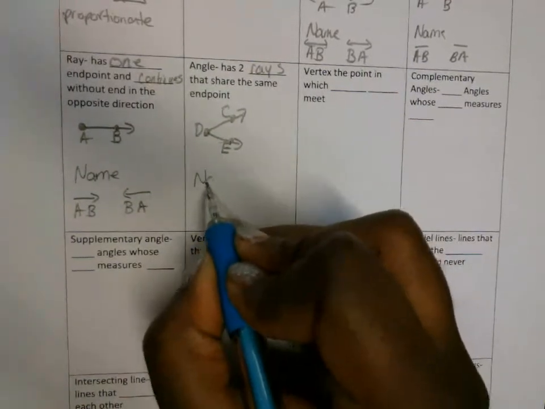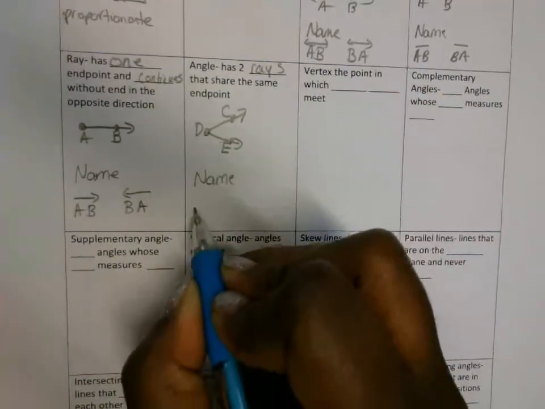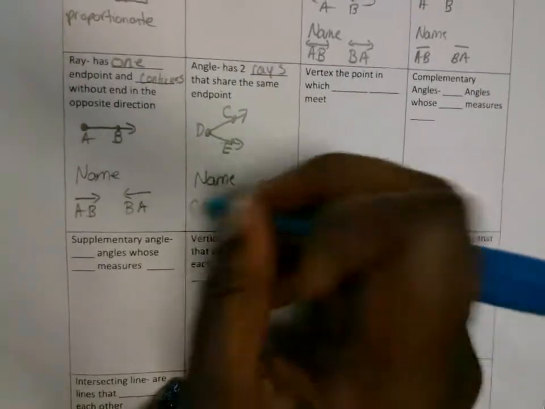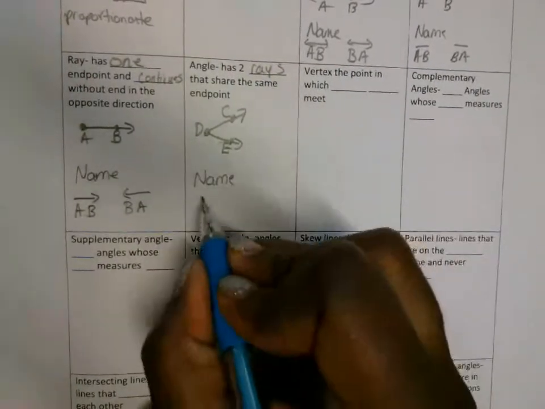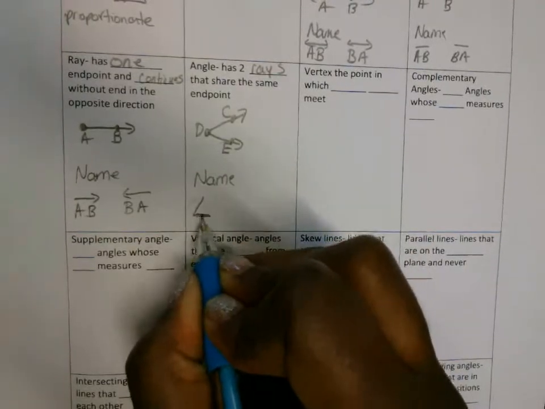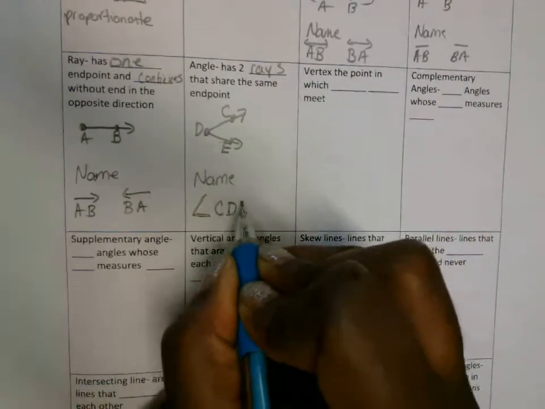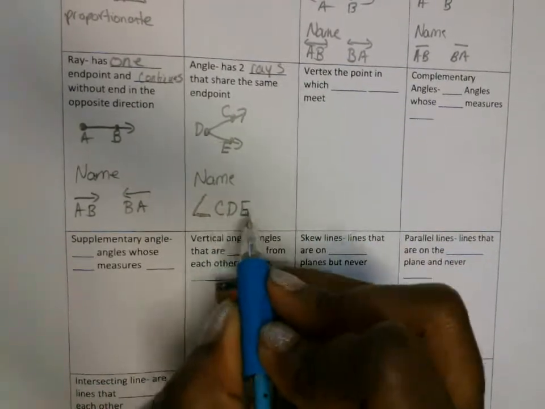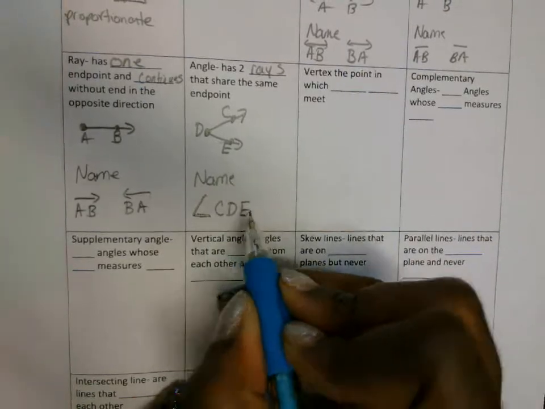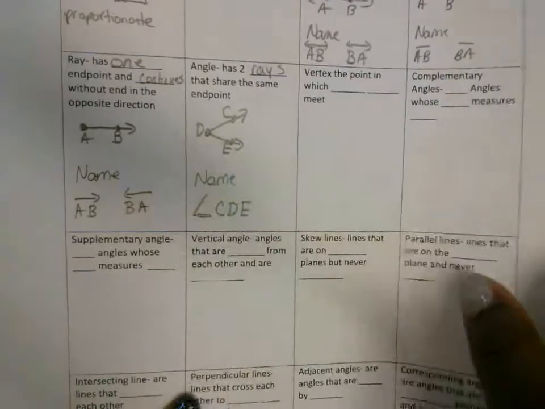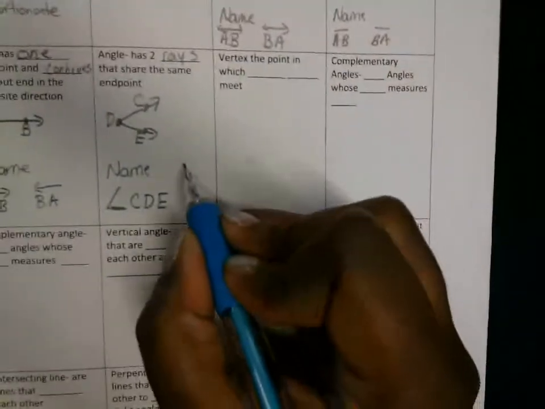When you name it, you put the angle symbol, which looks like this, and you label it C, D, E, with D in the middle. Or you could put the E over here and C over here. It could go this way or this way. Or you can just say angle D.